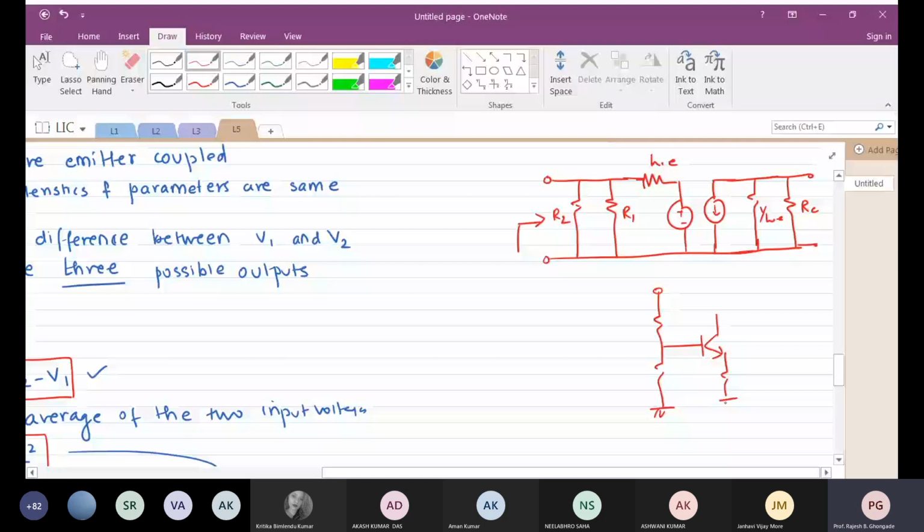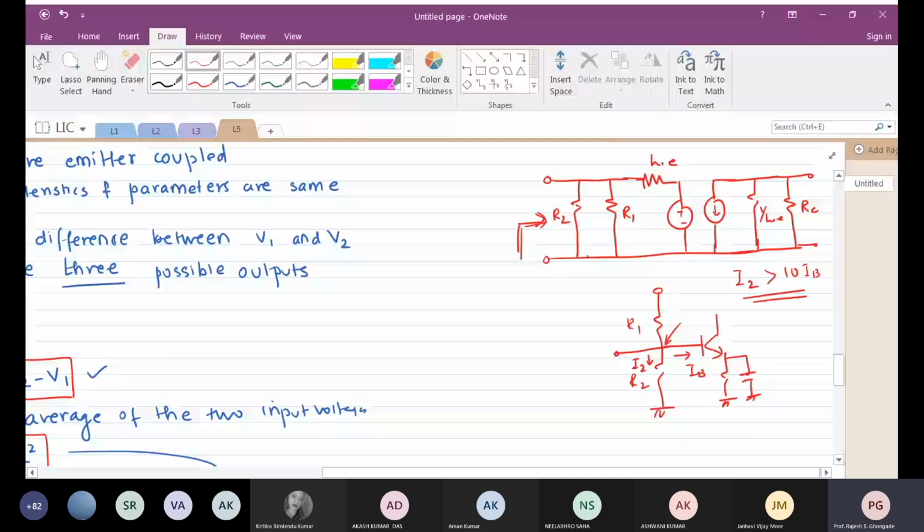But here, you couldn't make R1 and R2 very large because this current I2 has to be greater than 10 times IB, so that there is no loading effect on this point. So you cannot make R1, R2 very large. If you make R1, R2 small, your input impedance is going to be a problem. The input impedance of the amplifier will reduce.